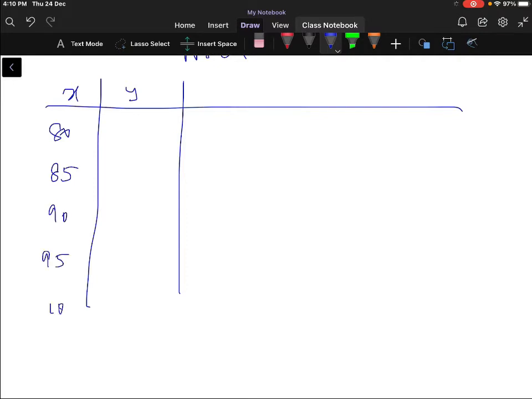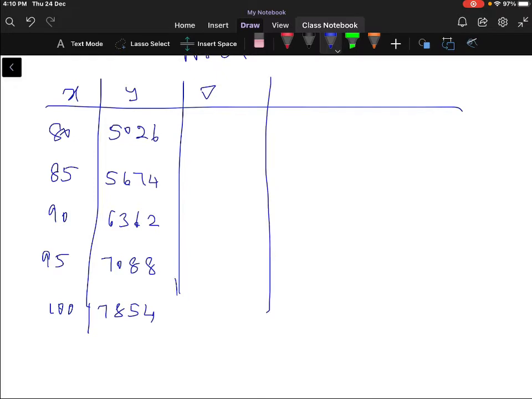Here x is 80, 85, 90, 95, 100, and the corresponding values of y are 5026, 5674, 6362, 7088, 7854.